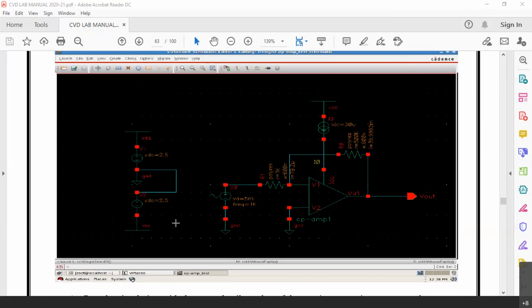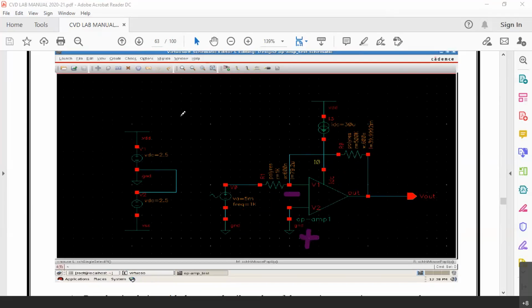As the op-amp has a very high gain, we have connected a feedback resistor. You already know that V1 is minus, V2 is plus. So we are connecting a negative feedback here from output back to input, 500K by 1K.